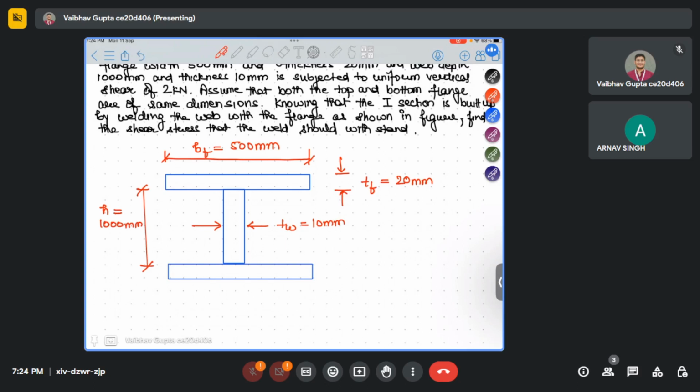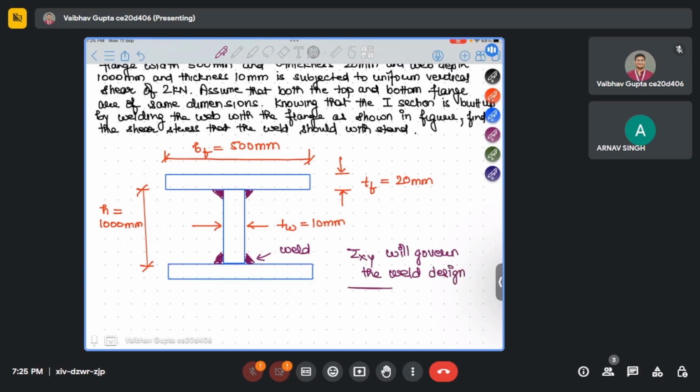So this is the question, and they have said that they have welded like this. This is the weld. If you have seen the lecture, if this is the type of I section and this is the weld, which shear stress will govern? Tau xy will govern the weld design.